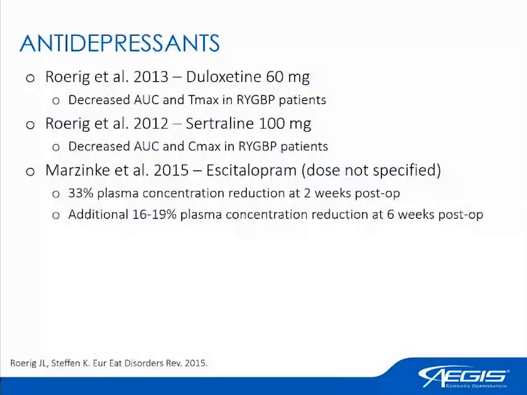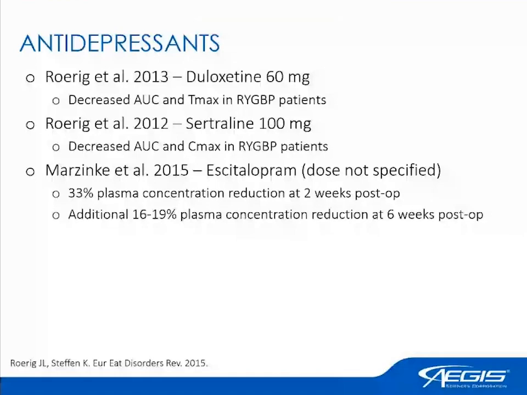There was a decent amount of literature related to antidepressants. The first being duloxetine. The first study I have listed here was 10 patients. This was 1 year post gastric bypass, and then they matched these 10 patients to non surgical controls.